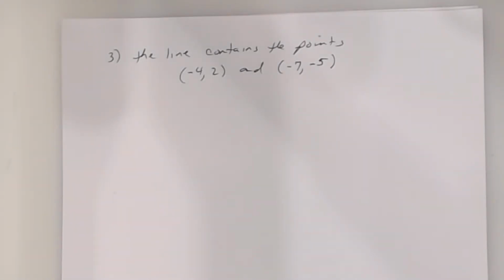So you're writing the equation of the line that goes through those 2 points. What formula are you going to use? Point slope formula.